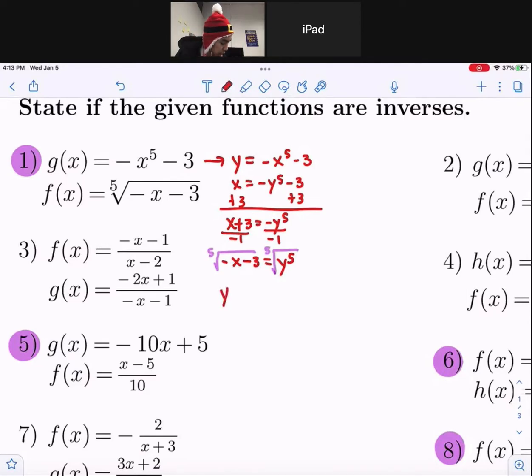So our inverse function is the fifth root of negative x minus 3. Now look at the inverse. Is the inverse you found this? And it is. So are these inverse functions of each other? Yes, they are. So that's number 1.